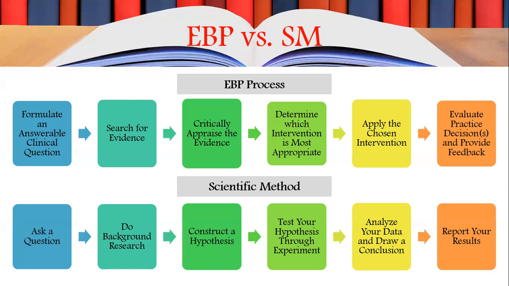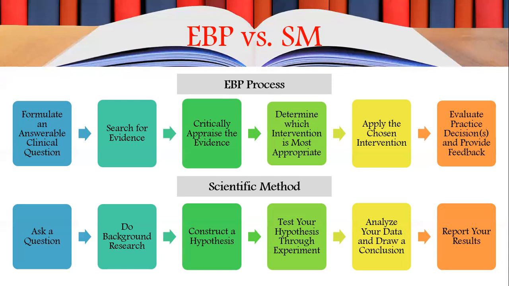The background research that we conduct informs our hypothesis, okay? And so once we have constructed our hypothesis, then we test our hypothesis through experimentation. So whether that is through a survey, through an interview, through some type of experiment or intervention, we test our hypothesis through experimentation. And then we analyze our data and we draw conclusions. And once we've drawn the conclusions, then we write up our results.